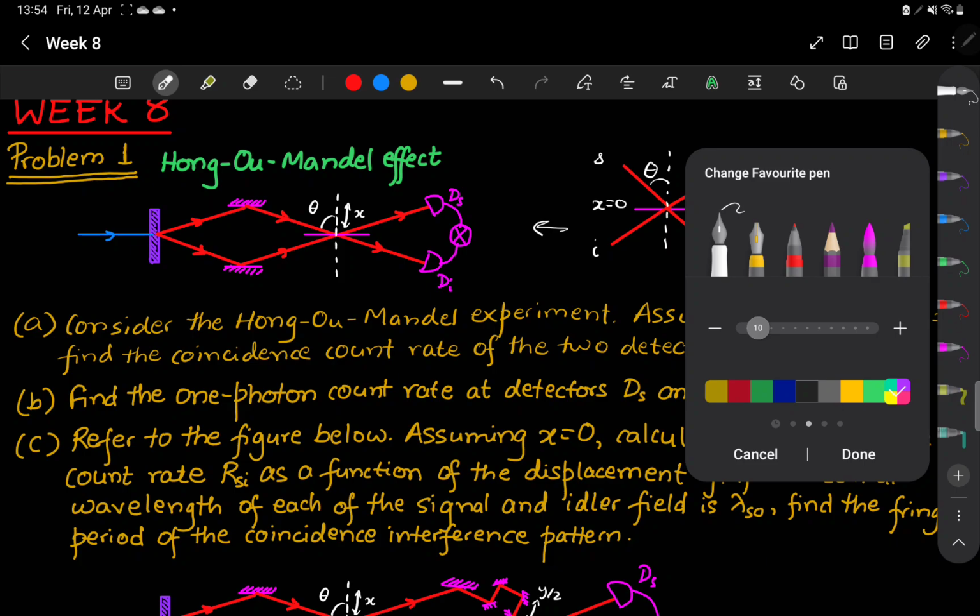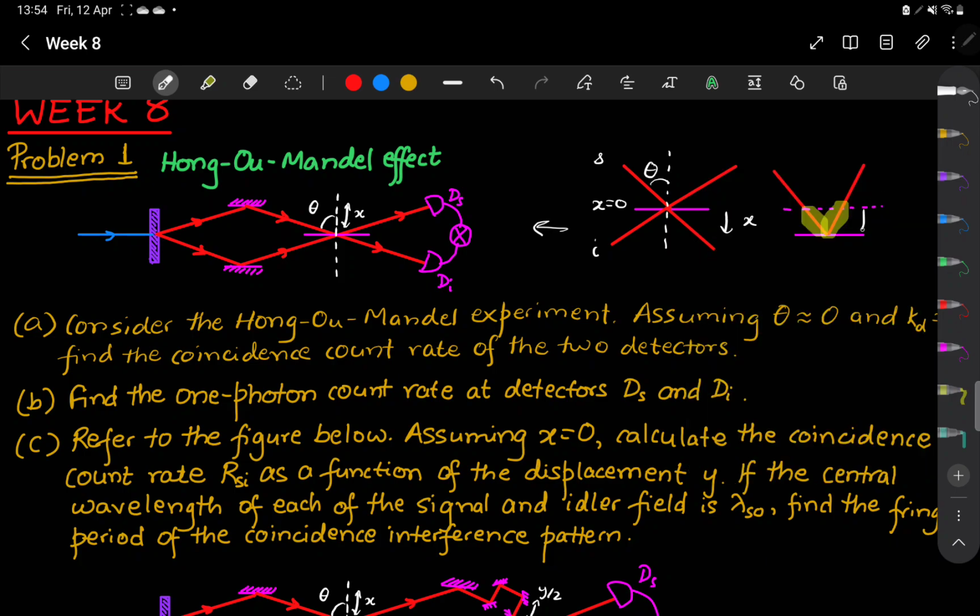And this will come out to be, so if this distance is x and this is angle theta, so this extra part then is this part, x cos theta. Similarly this part is also x cos theta.